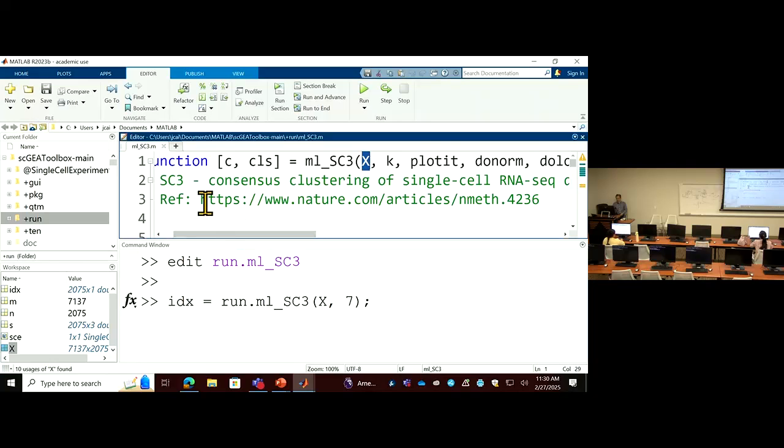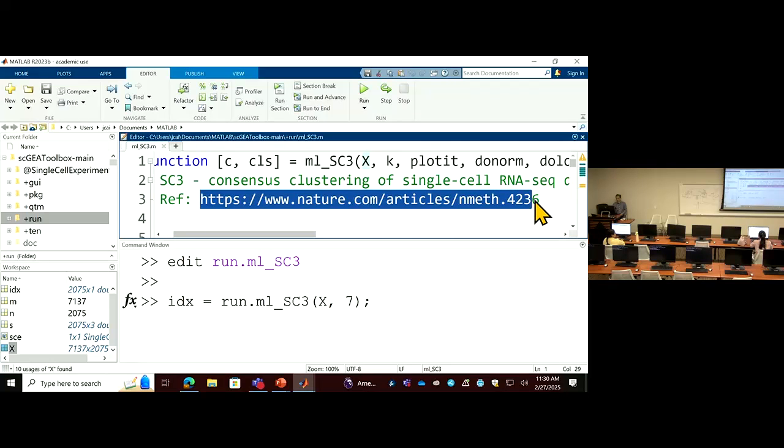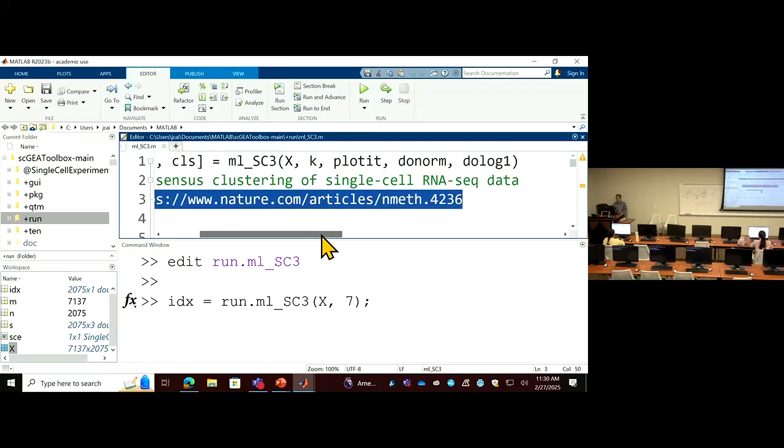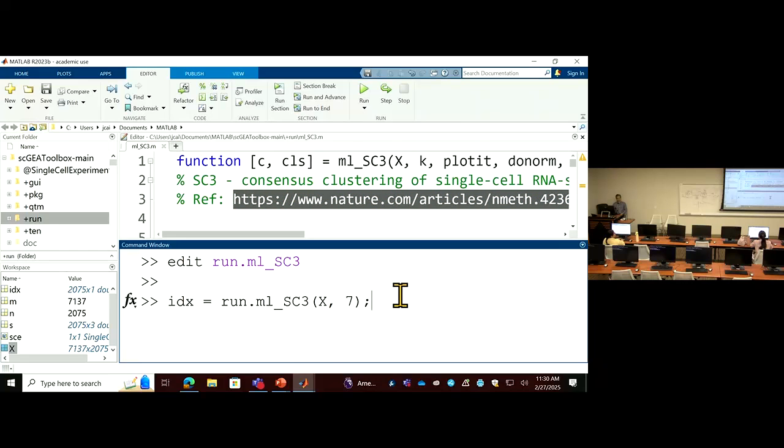So you can see the reference, and I have the URL to the article. Yeah, so this is in the toolbox.